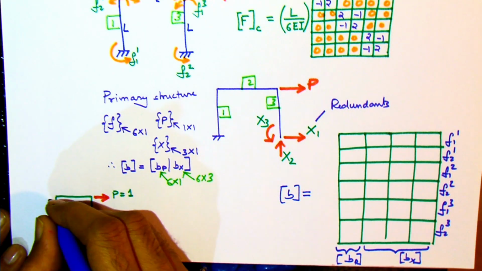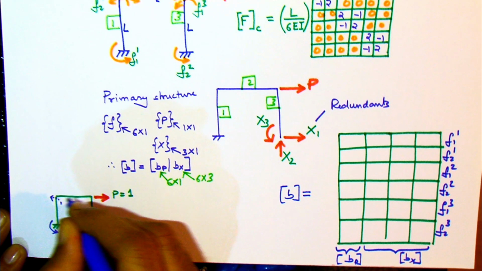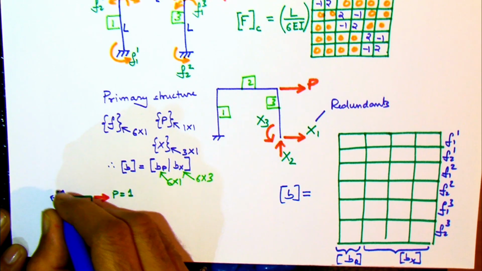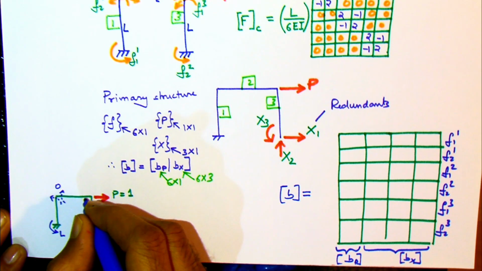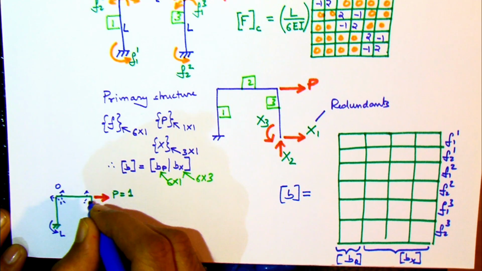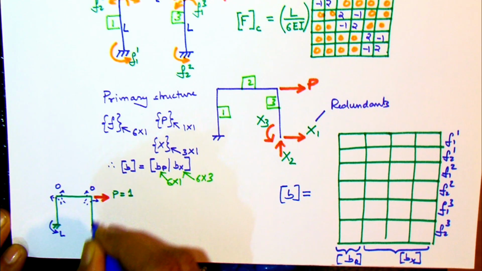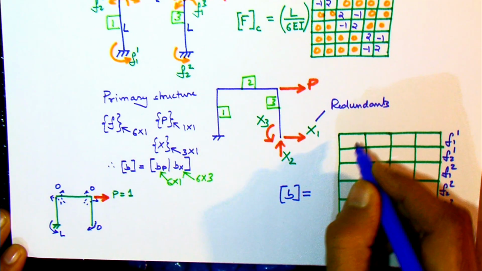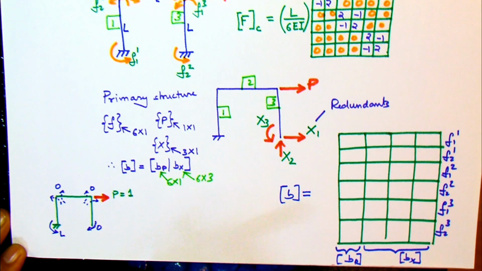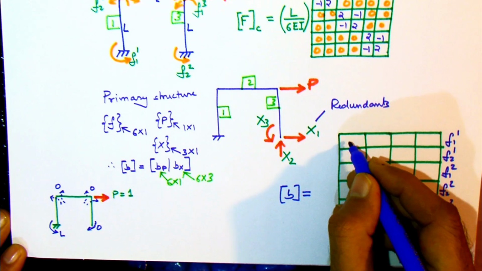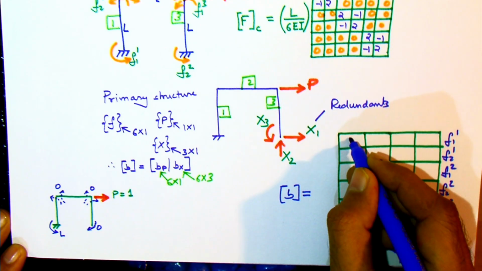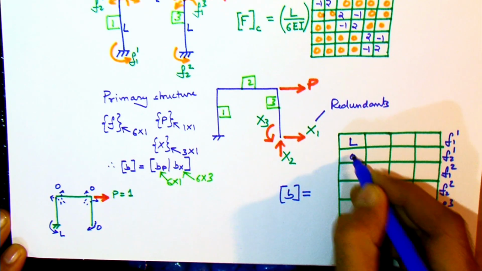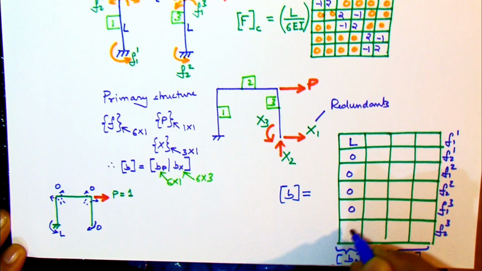So these being determinate structures, we can very easily obtain the internal bending moments at key locations by using equilibrium of either the left part or the right part. So we have obtained the forces and these can be listed along the first column because this is by definition the first column of the B matrix.